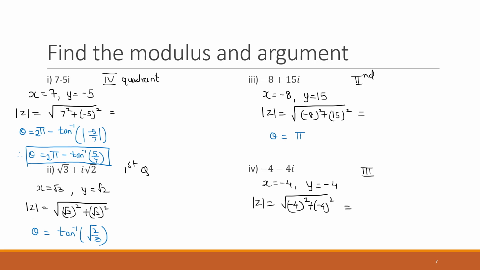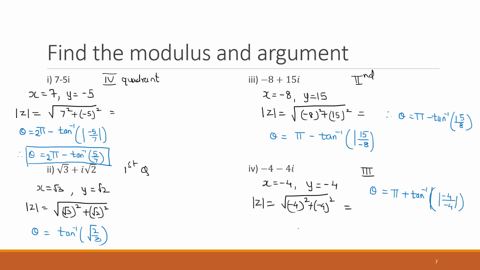Theta is equal to pi minus tan inverse modulus of y by x. Therefore मेरा theta आ जाएगा pi minus tan inverse 15/8. Okay, understood? Last one is lying in third quadrant, तो मेरा थीटा कितना आएगा? थीटा विल बी पाई प्लस tan इनवर्स मॉड्यूलस ऑफ y बाय x, है ना?